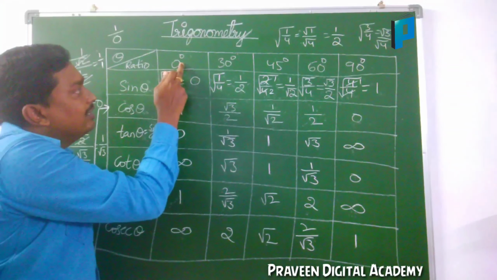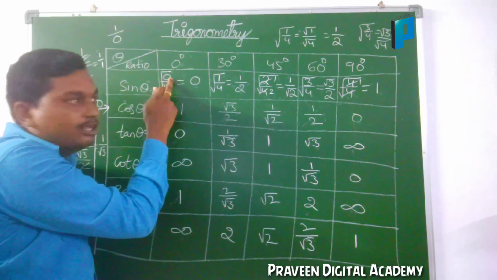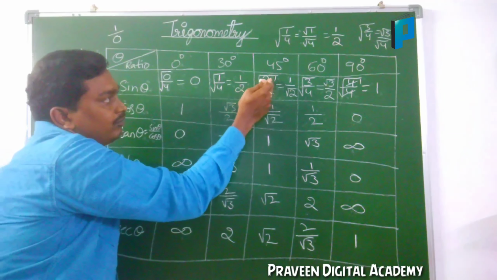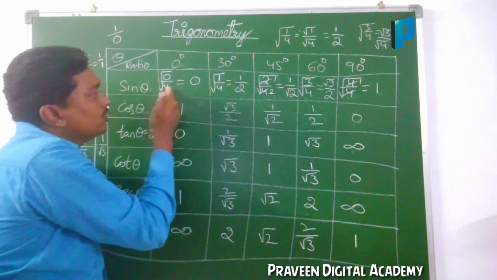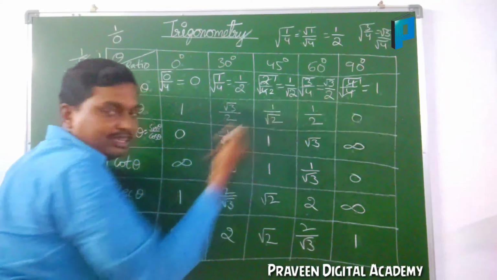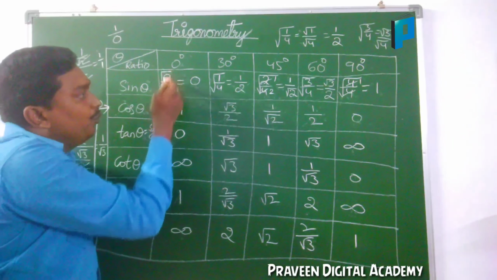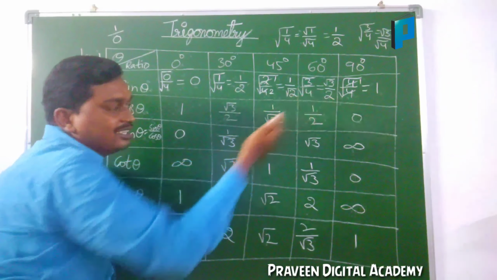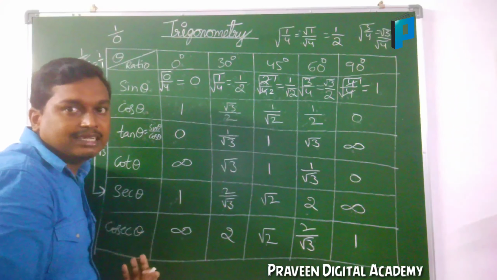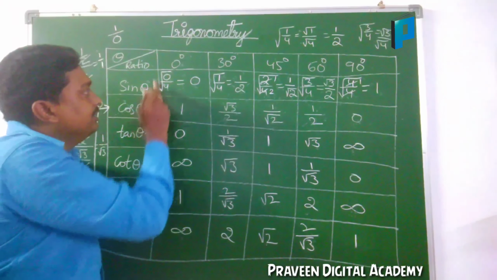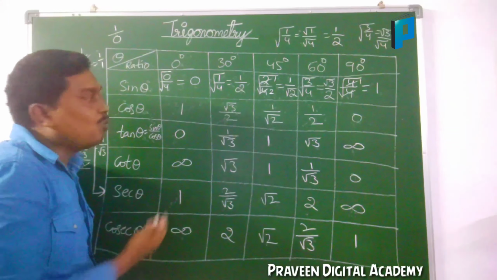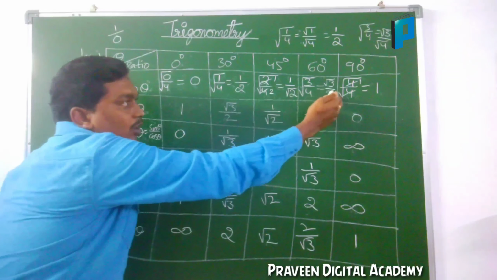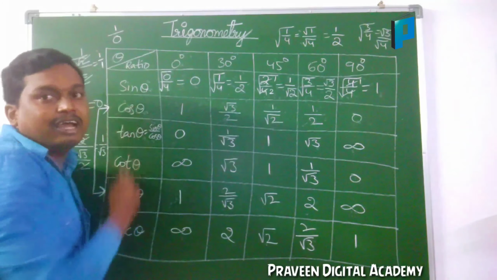Here we are having 0 degrees, so I am starting with 0. 0 after 1, 1 after 2, 2 after 3, 3 after 4. It is ending with 4, so divide each and every number by 4. After that, if any cancellations are there, we did the cancellation. After that, just keep the root for all the values. So whatever solutions we got are the sin values.